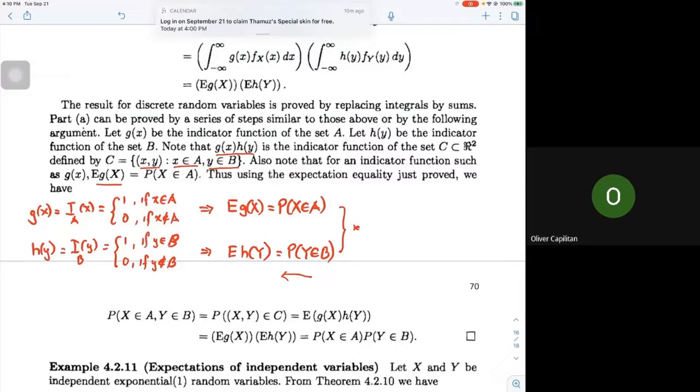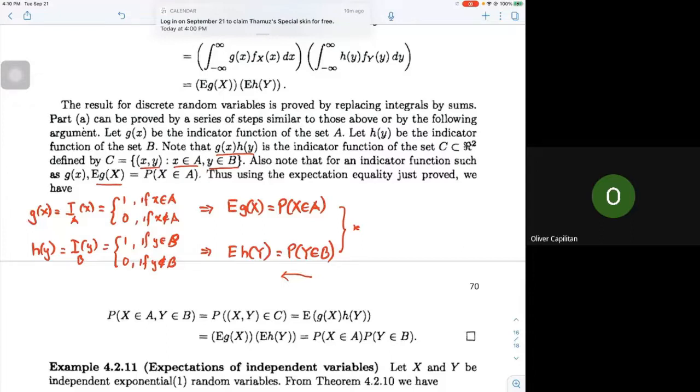Since we know that X and Y are independent, it also implies that the function of X and the function of Y are also independent. Hence, we have the product of the expectations of e to the t times X and e to the t times Y. And for the last equality, again, we apply the definition of the moment generating function.